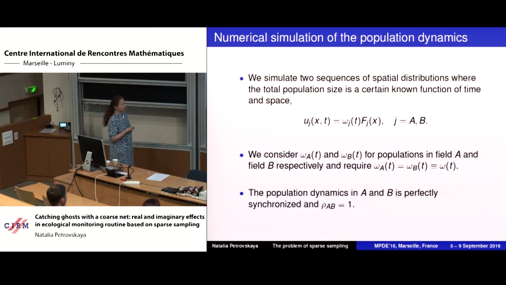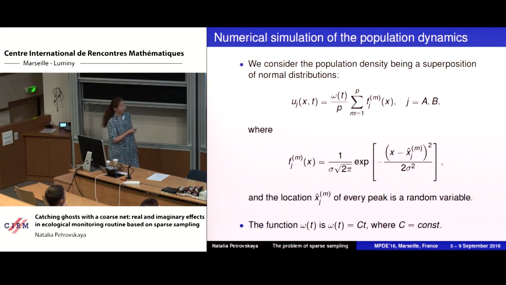Therefore, our population dynamics is perfectly synchronized. We must expect the correlation coefficient equal to 1, no matter what spatial component we have here. And what we did, we considered the spatial distribution as a superposition of several normal distributions.